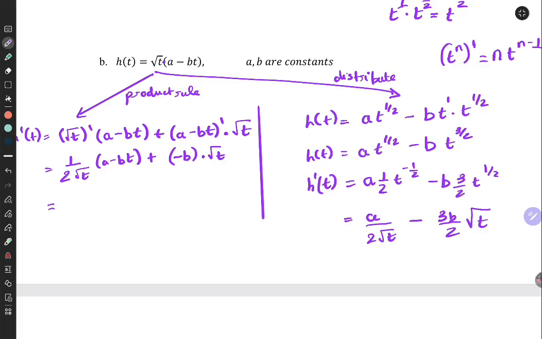And we can call it a day. So now just algebra, huh? Just algebra. Get from here to there. You should get the same answer.